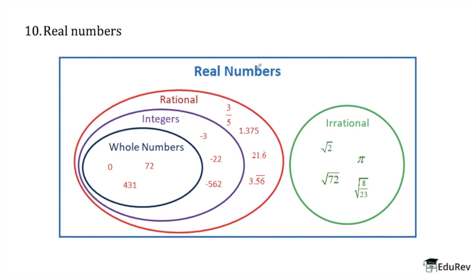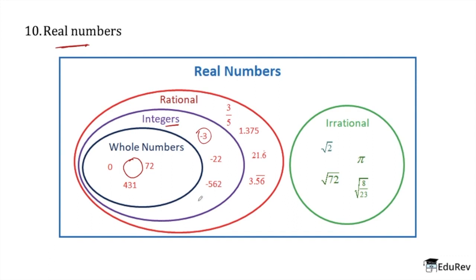Now, when we need to present these numbers, we take the help of real numbers. Real numbers are the aggregation of all those numbers. We know that natural numbers are a part of whole numbers, because natural numbers are 1, 2, 3, 4 and whole numbers are 0 added to natural numbers. So the whole numbers plus your negative numbers will give you integers.